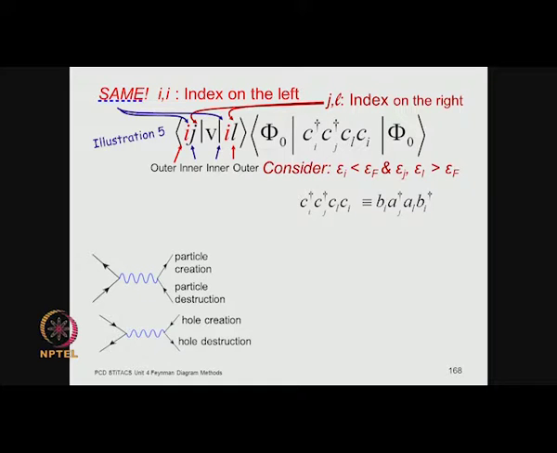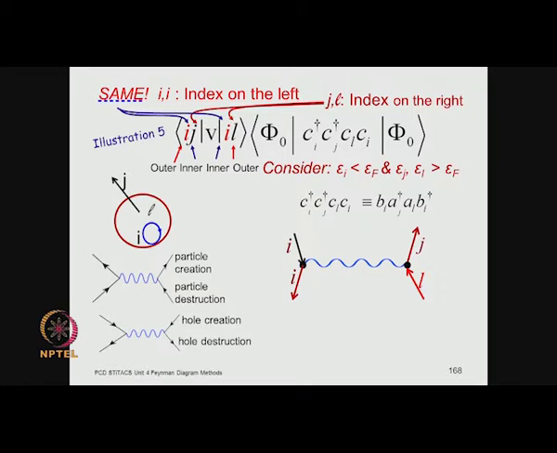Okay. So, it is just those conventions that we are playing with, and you can build the Feynman diagram corresponding to it. Bi, Aj dagger, Al, Bi dagger, all of these processes are then represented by this diagram.